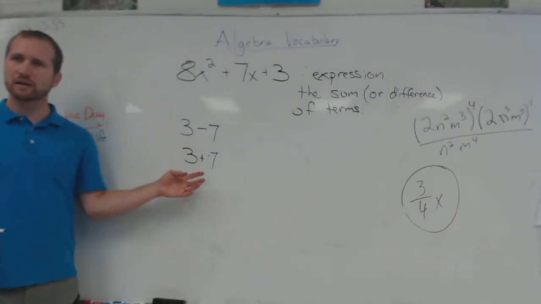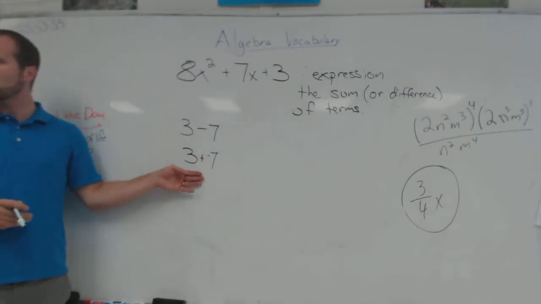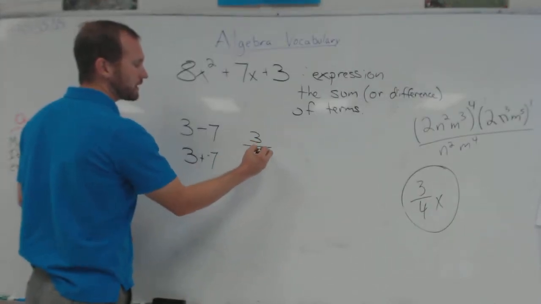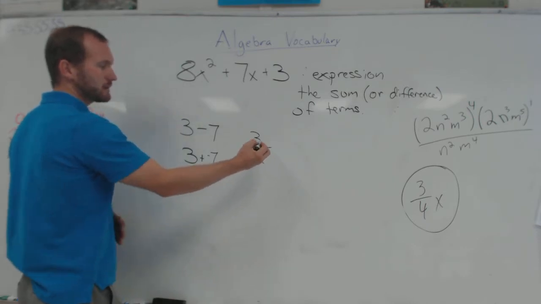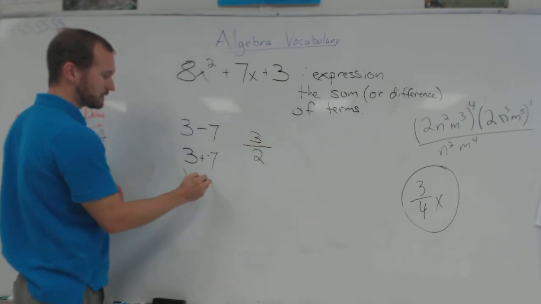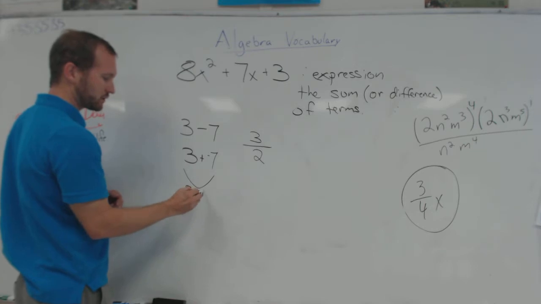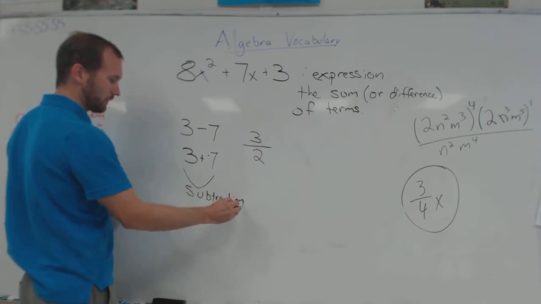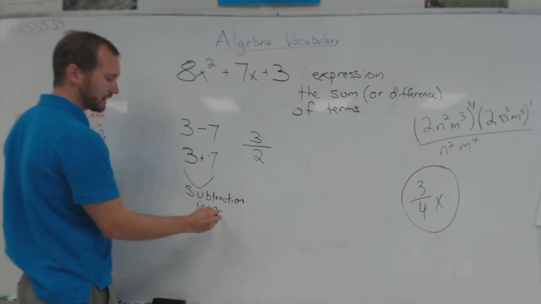So subtraction is actually just addition. That's all it is. And if I say 3 divided by 2, this is actually... so my message here was subtraction is addition. This is just a side note.